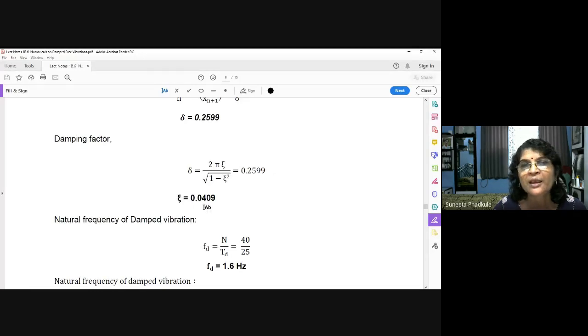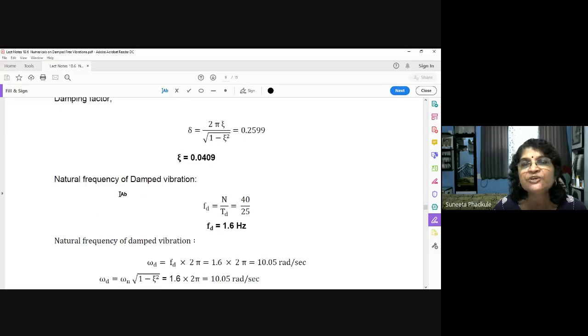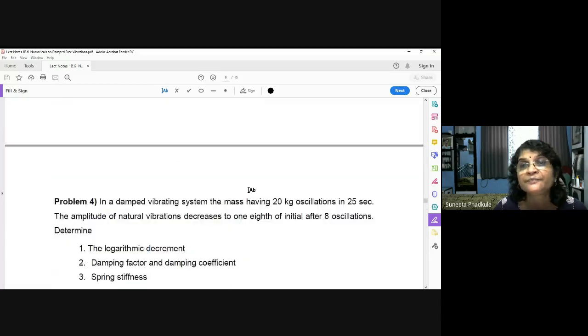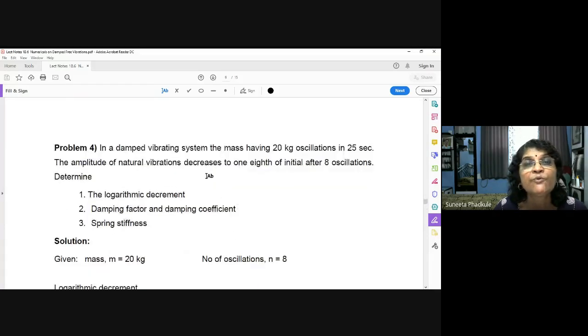Okay, then what is the natural frequency of damped vibration? That is not omega n, that is omega d. But it is given. See, fd is equal to n upon td, because n is the number of cycles.